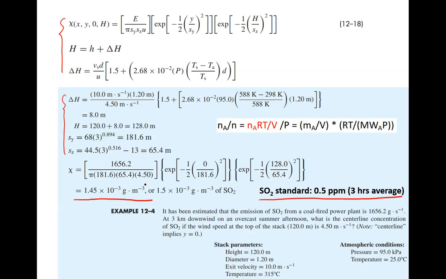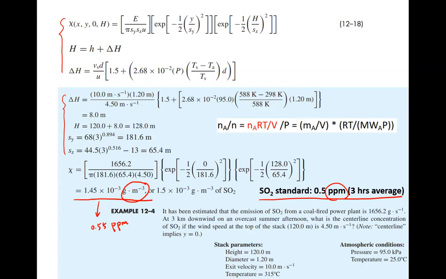So we can convert this mass concentration into mole fraction, which is the unit conversion we learned earlier in the class. If you use this equation, you find that this concentration is 0.55 ppm. It's a little bit higher than the standard, so we should still call it polluted air.